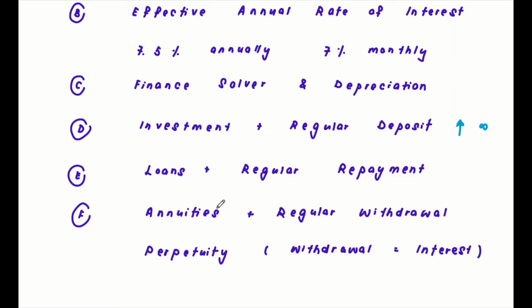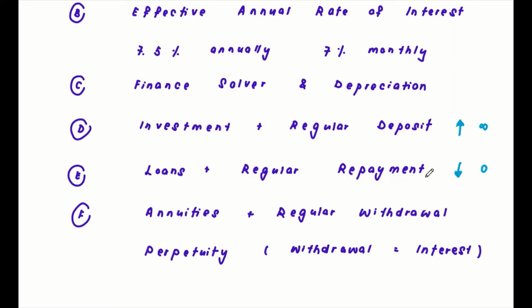For loan and annuity, you can imagine that after you repay the money you borrowed, the amount you owe is decreasing. Money cannot be a negative value, so the minimum you can reach is zero. That's the end of your loan, which means you have paid off all of it.